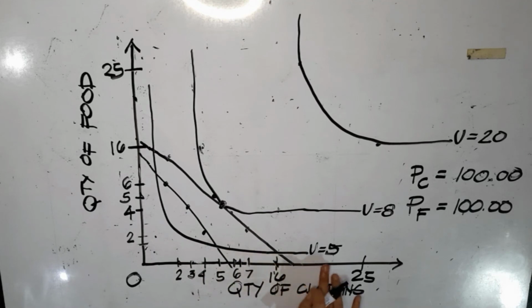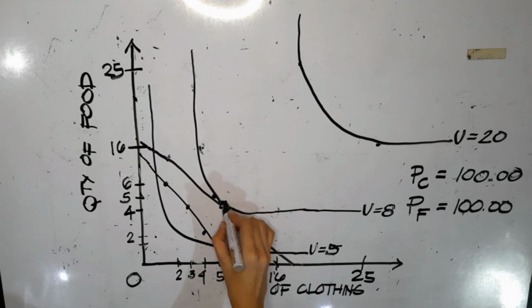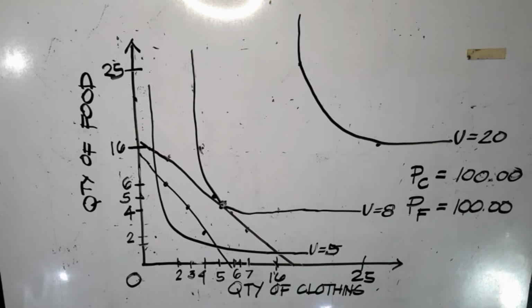But let's look at your utility. You only have a utility of 5. You wouldn't be satisfied with your choice. We want the optimal choice. So our optimal choice here is the tangent between the constraint and the curve. So I hope we're clear.